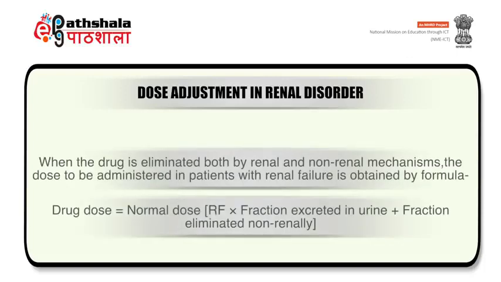When the drug is eliminated both by renal and non-renal mechanism, the dose to be administered in patient with renal failure is obtained by the formula in which drug dose is equal to normal dose, and in square brackets renal function is multiplied by fraction excreted in urine plus fraction eliminated non-renally.